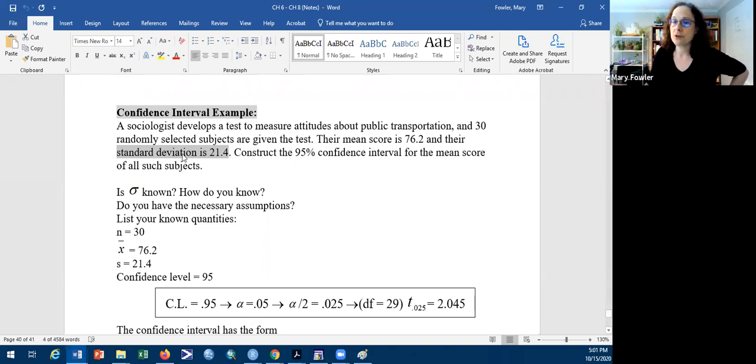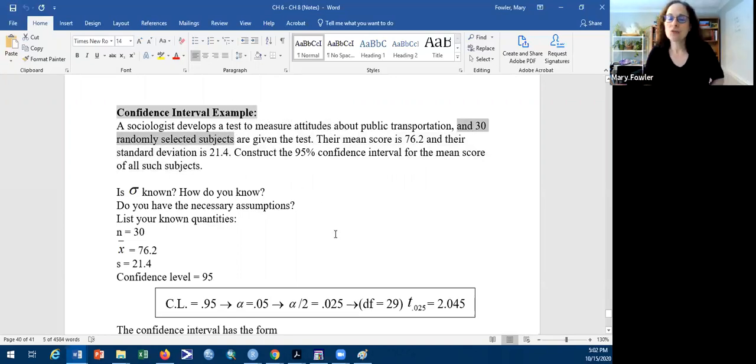What kind of standard deviation is this? Is this a sigma, a population standard deviation, or is it a sample standard deviation, S? So we have to look at the sentence that gives us the information, and it says their mean score is 76.2, and their standard deviation is 21.4. Who is the "their" that we're talking about? It refers back to the 30 randomly selected subjects.